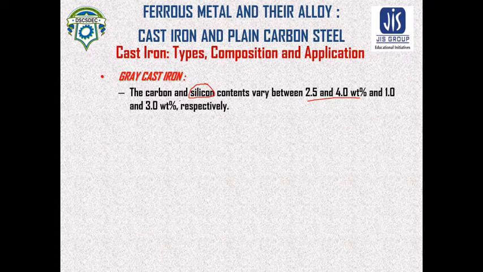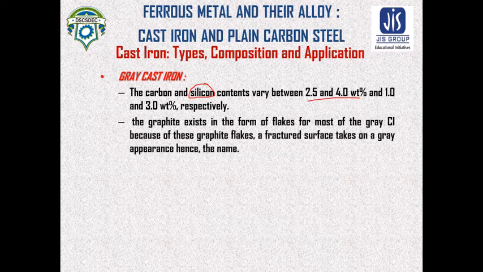So iron, carbon, and silicon together make an alloy that is known as grey cast iron. The composition is 2.5 to 4% carbon and 1 to 3% silicon respectively.